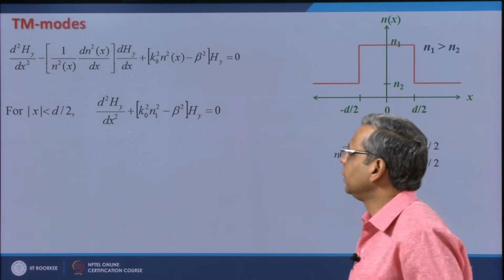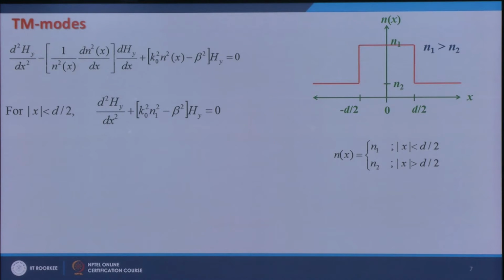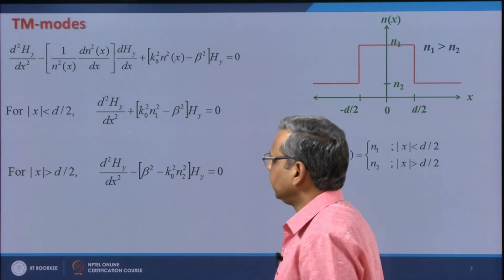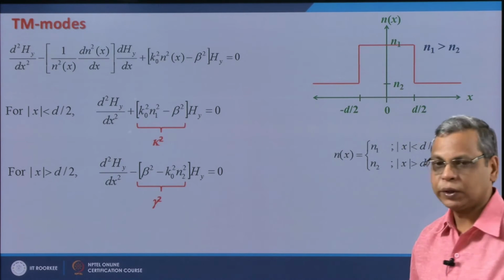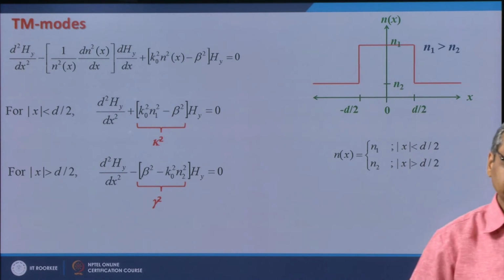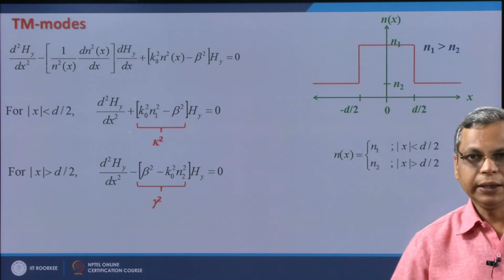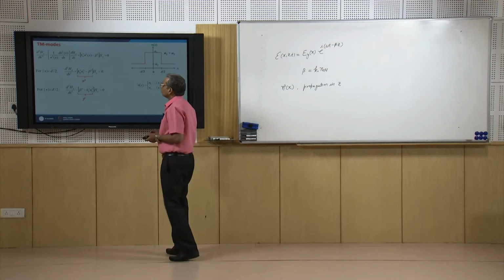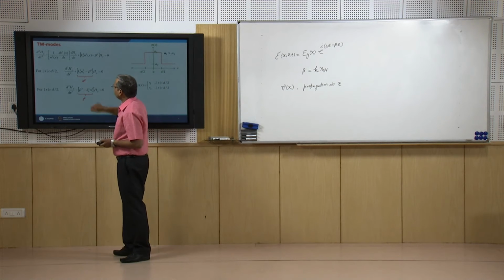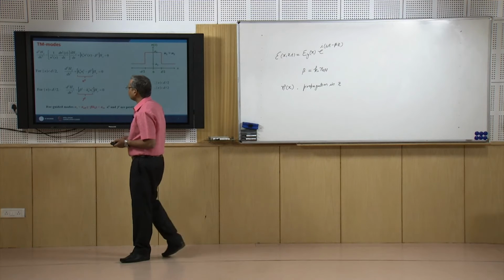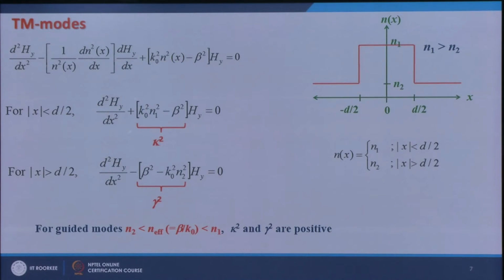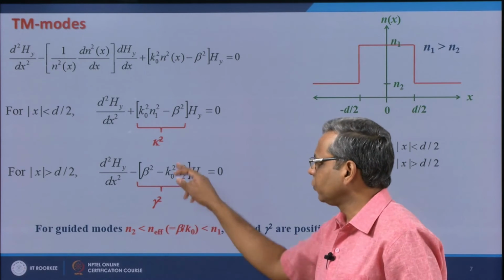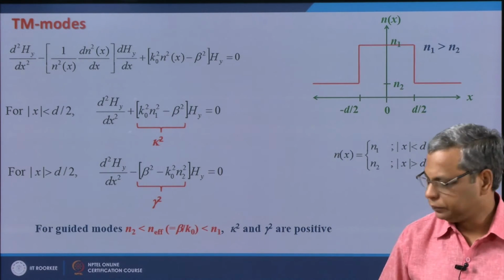So, I have this equation for mod x less than d by 2 and this equation for mod x greater than d by 2, and you can see these equations are exactly the same as we had obtained in the case of TE polarization. So again, I define this as kappa square and this as gamma square, and since I am interested in guided modes, kappa square and gamma square are positive.